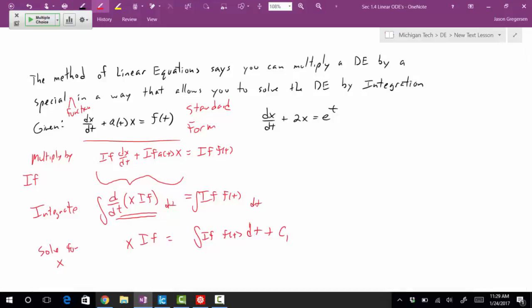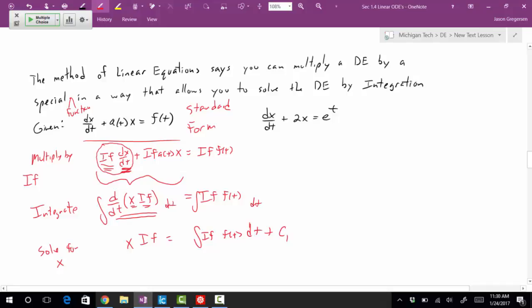These are both functions of t. So to take that derivative, I'd have to use the product rule, right? I take the derivative of the first thing times the second thing. Oh, yep, there it is. So this piece is the derivative of the first thing times the second piece.